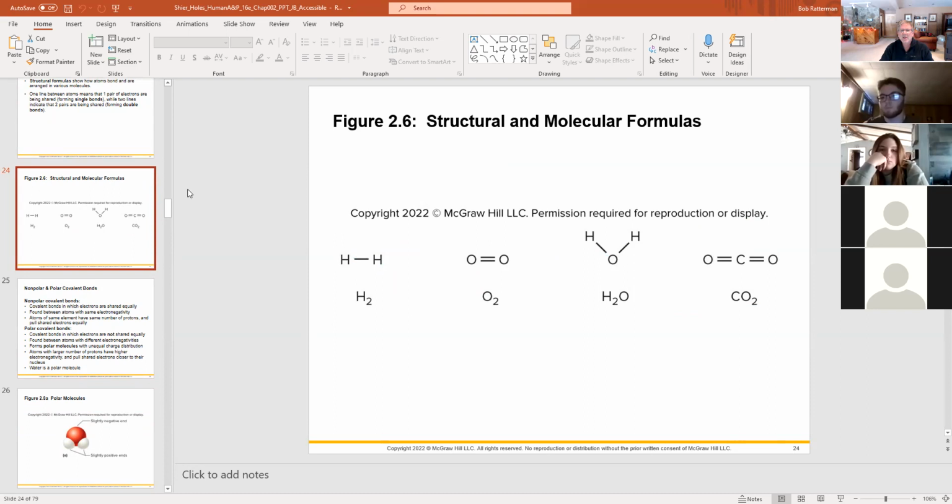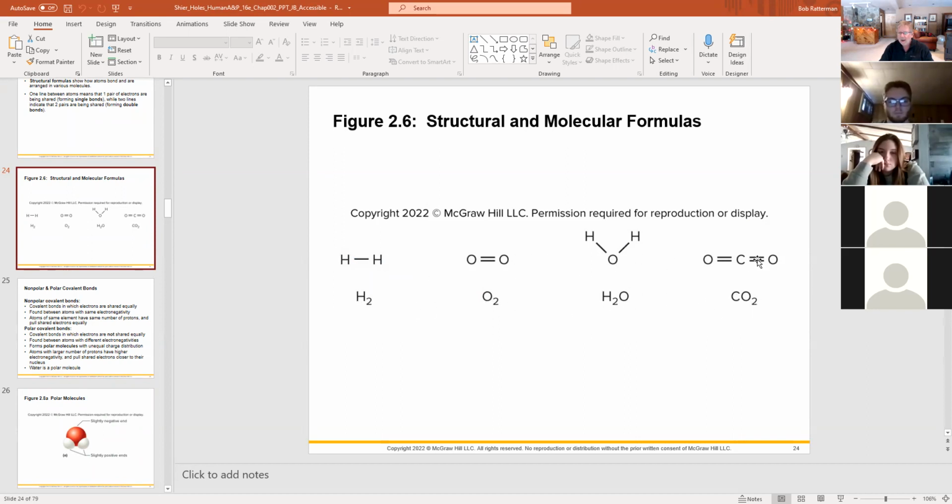Okay, tell me what you see here. Does it say figure 2.6? Yeah, okay. So earlier I was talking about the molecular and structural formulas a little bit. So when you see H2O written or CO2 written, you've all seen these. That is the molecular formula of the substance. It's what you're most familiar with seeing.